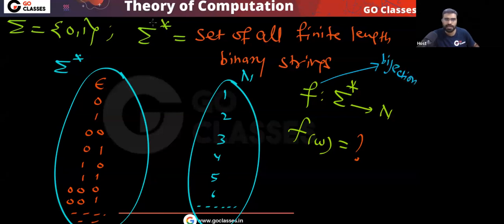For example, are you thinking that I will map every string to its decimal value? Will this work, that f(w) is the decimal value of w? This will not work.